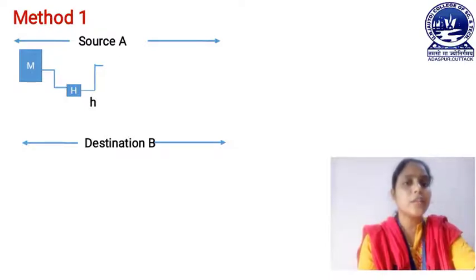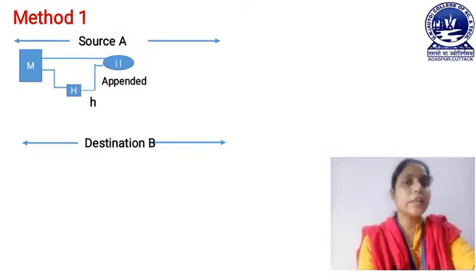Here the hash function is the capital H, which generates the hash value, that is small h. Then after calculating the hash value, the source A appends this hash value to the message. Now here the message is appended with the hash value.